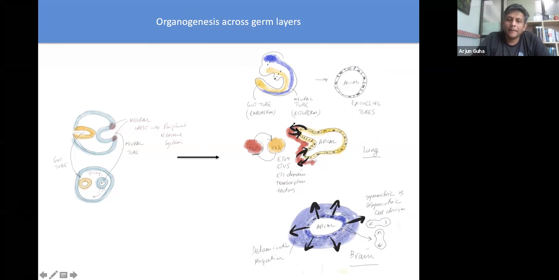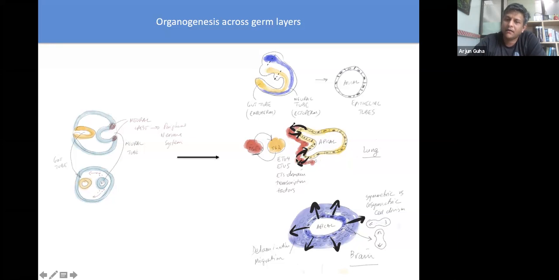So if you were to think one step further in terms of organogenesis and how organogenesis initiates along both of these tubes, what you will find, of course, and this is something that we discussed in the context of the lung, that the existing tube will, via interactions with the subepithelial mesenchyme, begin to undergo branching morphogenesis.